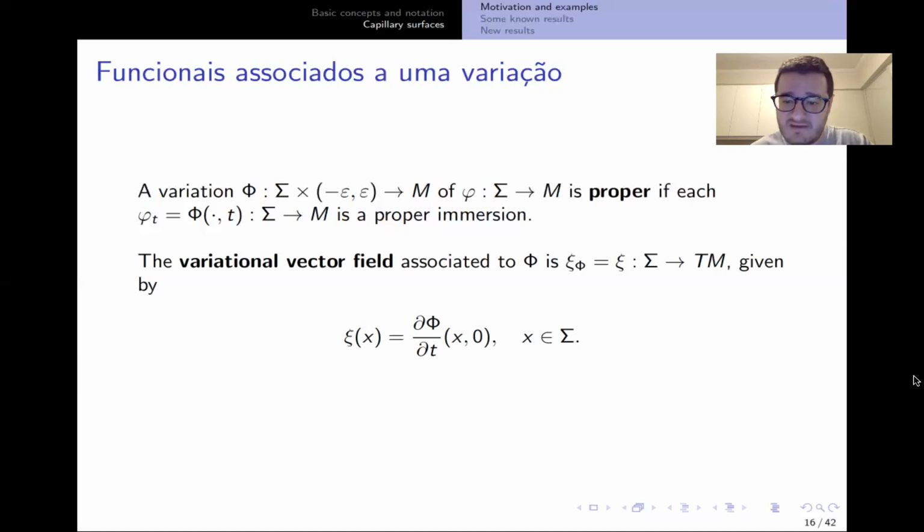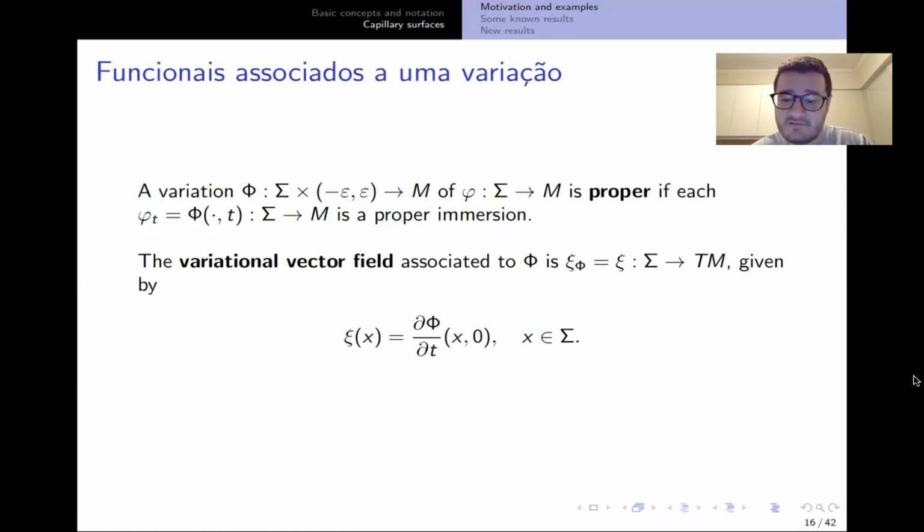Great. So associated to this variation, there is a fundamental vector field called the variational vector field, which I denote by psi, that shows at time 0, at every point of sigma, the instant velocity at which the variation is moving the immersion phi at time 0. So formally, this means that the map psi is just the partial derivative with respect to t of this map phi at 0.